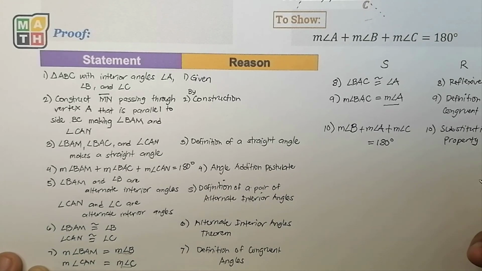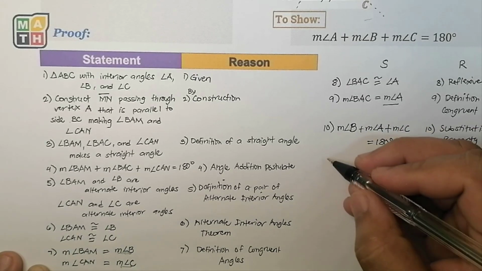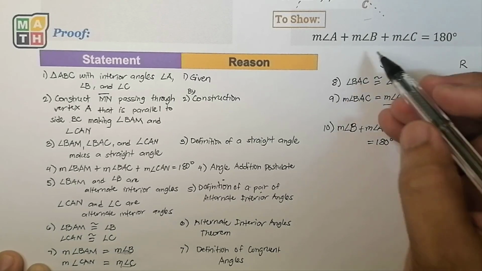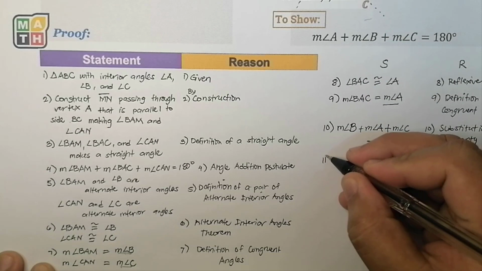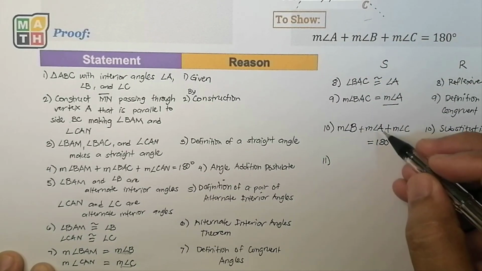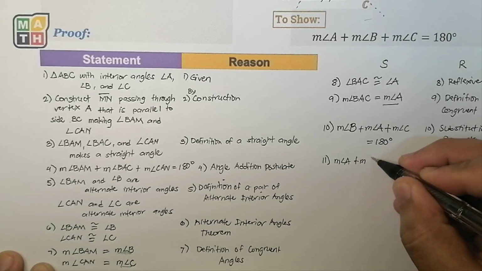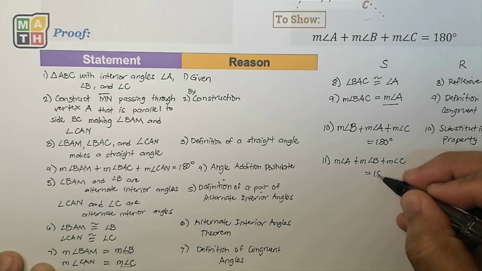So by substitution property. If you would like to add here something, you can just simply rearrange it in such a way that it could look into that, but let's just make it like that. Let's just rearrange it here. The measurement of angle A plus the measurement of angle B plus the measurement of angle C is equal to 180 degrees.